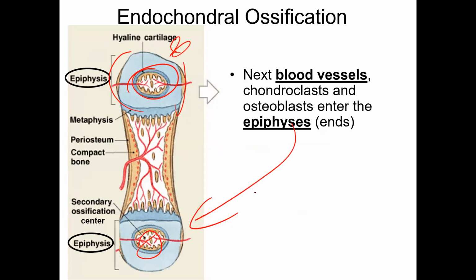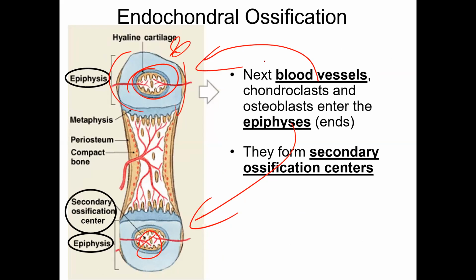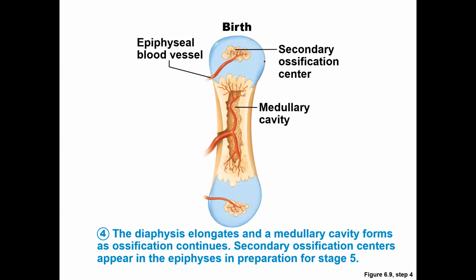Secondary ossification centers are at the epiphyses. And at birth, that's what you've got. Cartilage surrounding the secondary ossification center, and then bone here.